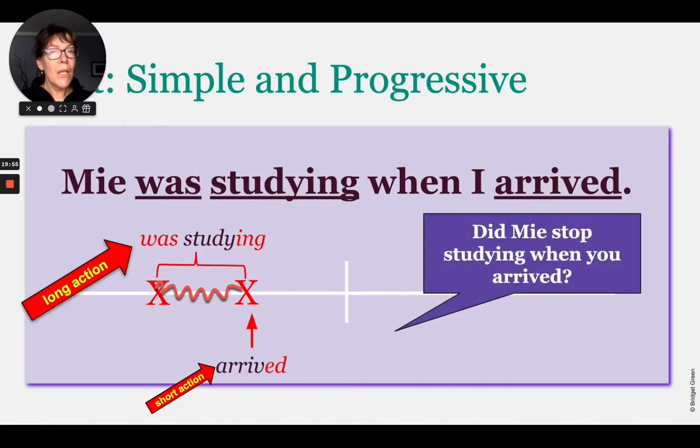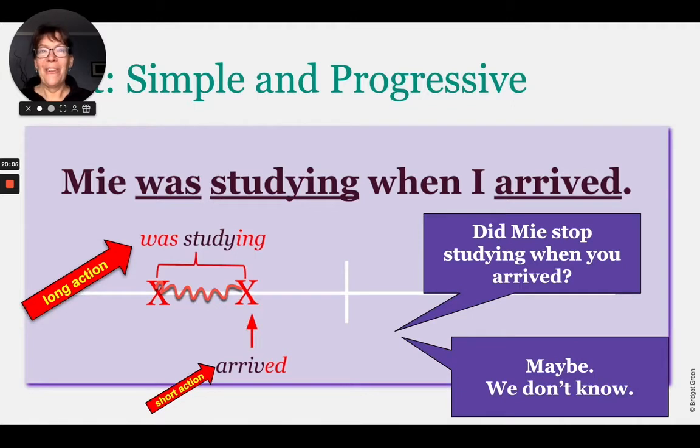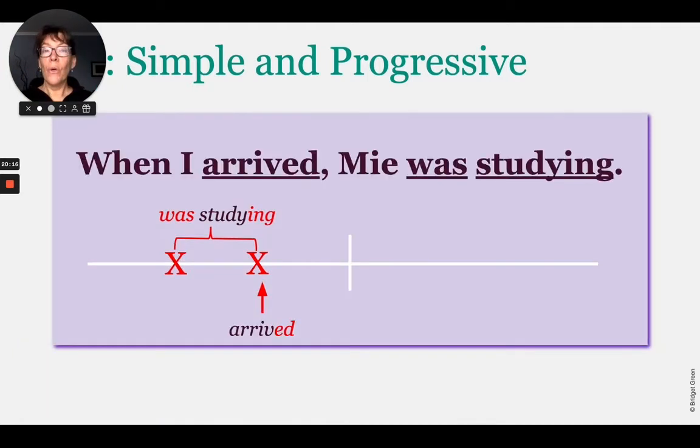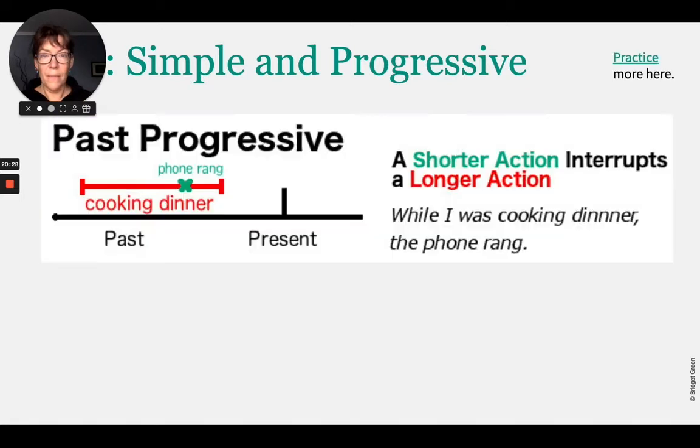Did Mie stop studying when you arrived? We don't know. Maybe she continued studying, or maybe she stopped. So you can also flip those two to say, when I arrived, Mie was studying. Notice if the when comes first, then you need a comma in the middle of the sentence.